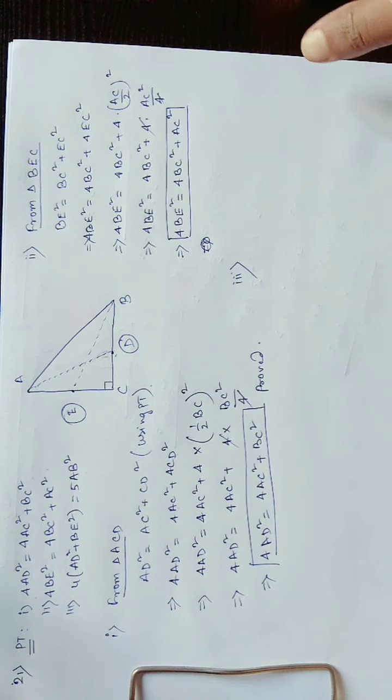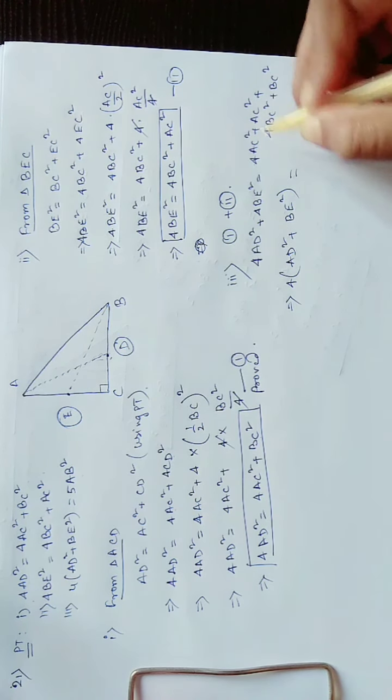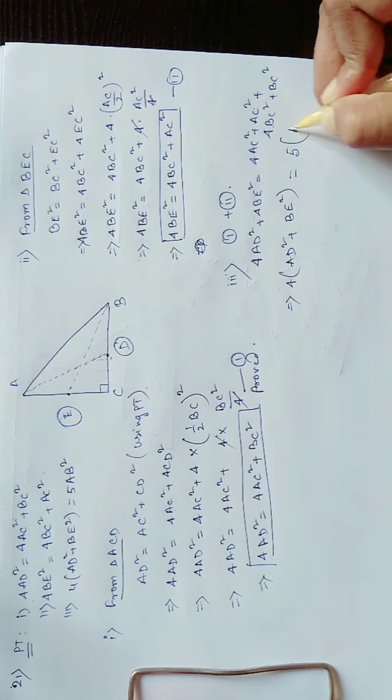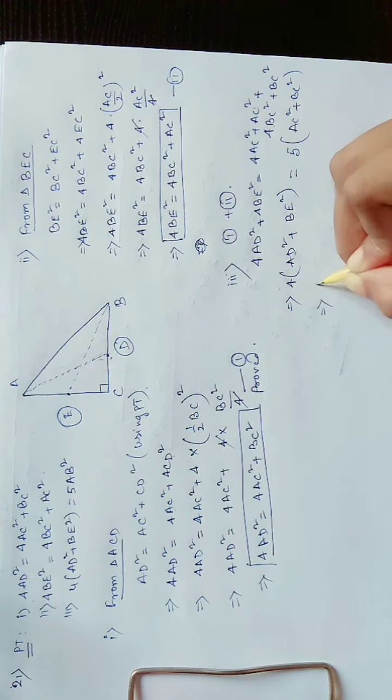Now take out 4 common, 4(AD square plus BE square). Now what you will get, 5AC square and 5BC square. So writing it as 5 times AC square plus BC square. Now look at the figure and tell me what is AC square plus BC square. I hope you are getting it. AC square plus BC square equals AB square by Pythagoras theorem. Hence the theorem is proved.